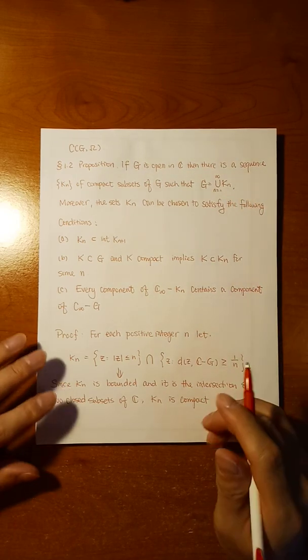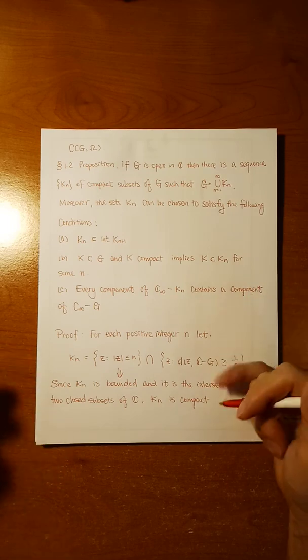And let's see how we get that G is equal to the union of Kn.